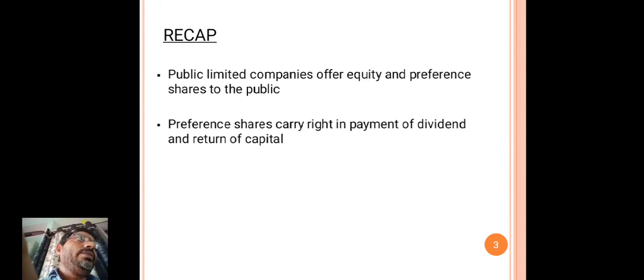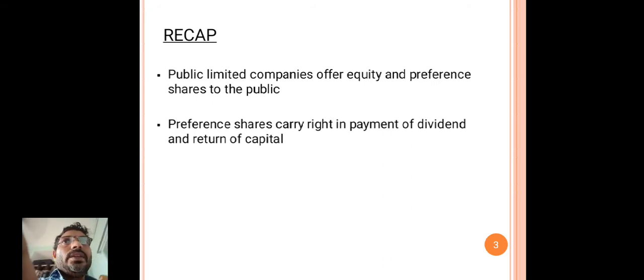The people, depending upon their requirements or interest, may invest either by purchasing an equity share or a preference share. Here the equity shares are called ordinary shares, and equity shareholders have a right to vote, that is one share one vote, and the equity shareholders will get a higher rate of dividend.